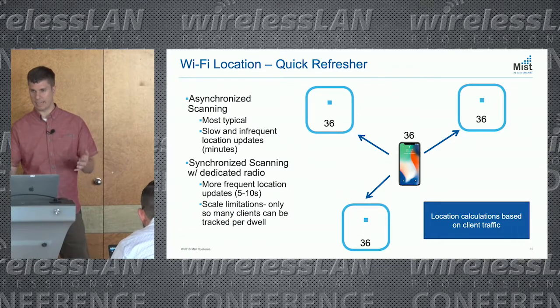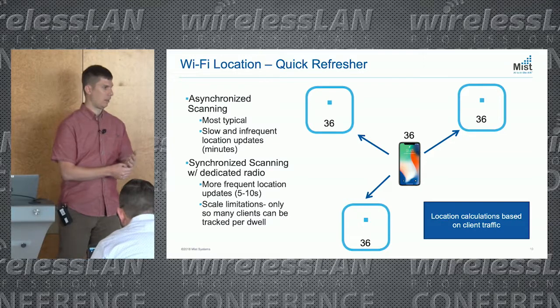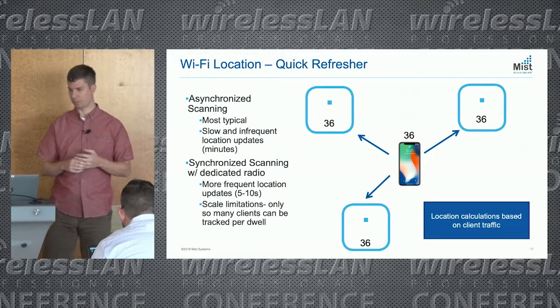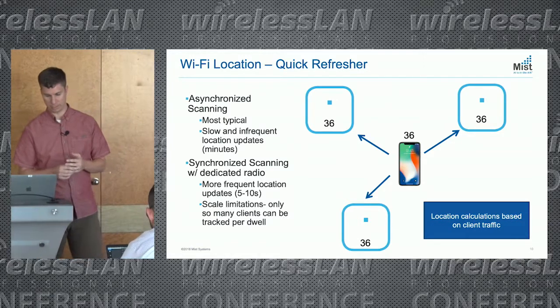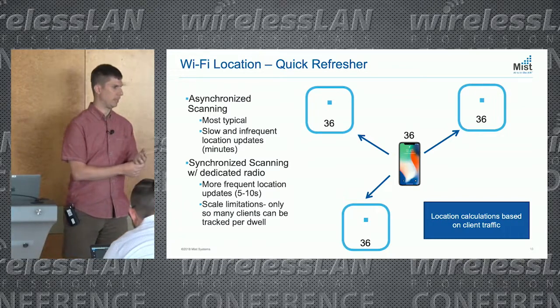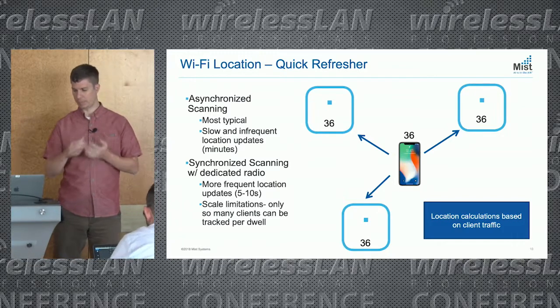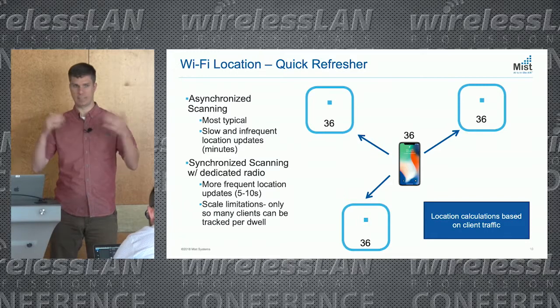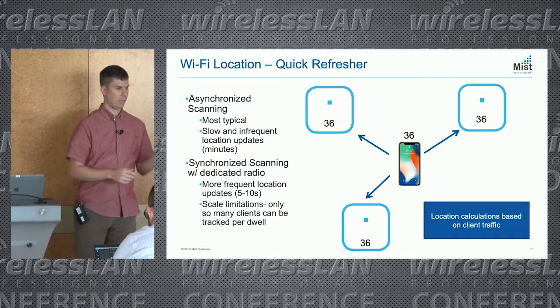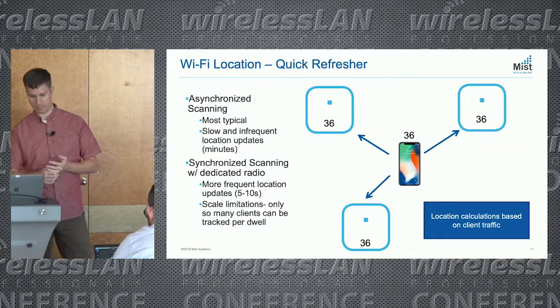In the synchronized scanning use case, particularly with a dedicated scanning radio, most commonly implemented with a third radio on the access point, you get more frequent location updates, typically in the neighborhood of 5 to 10 seconds, because you have a dedicated radio that's able to scan the channels.